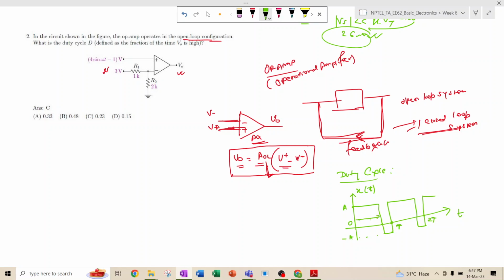Suppose till this point it is known as T on, which means within this interval the output is high, and within this interval the output is low, T off.